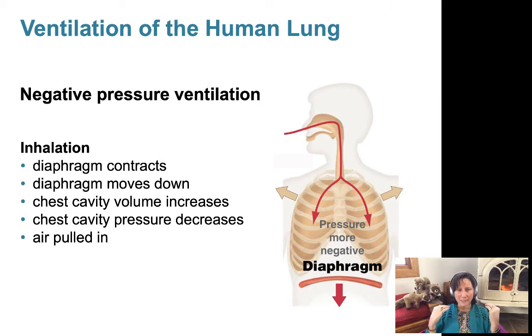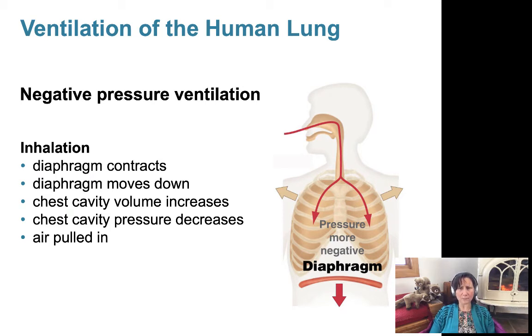But when we talk about how air enters and exits the lungs, for those organisms that have a diaphragm, what's happening is what's called negative pressure ventilation. When the diaphragm contracts, and hopefully you'll recall that with muscles, and we're going to talk more about this later on in the semester, muscles can only contract. They can't push, okay? So when the diaphragm contracts, it's going to move downwards, and that's going to draw air into your lungs.